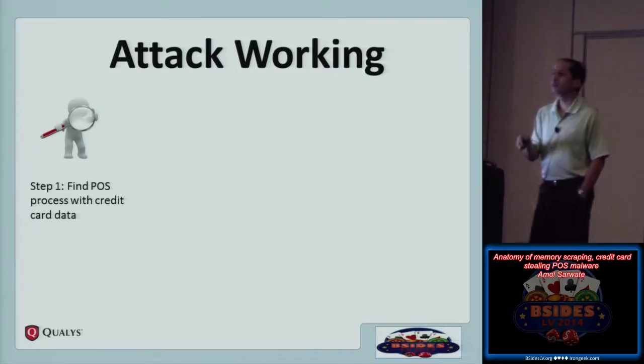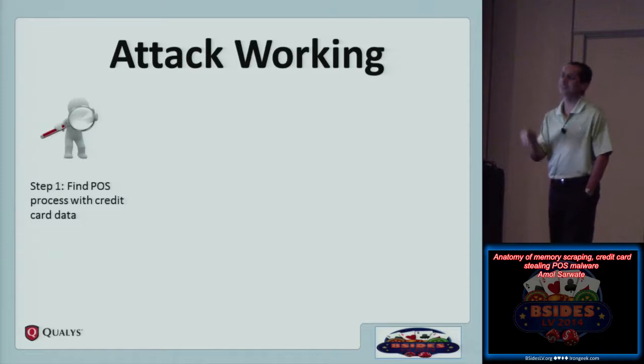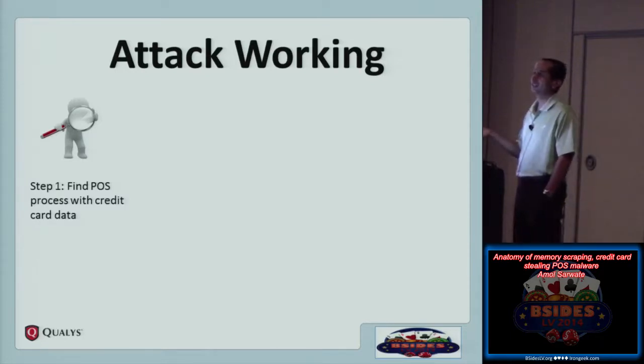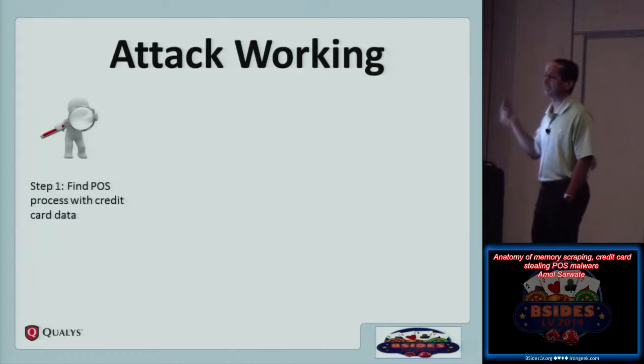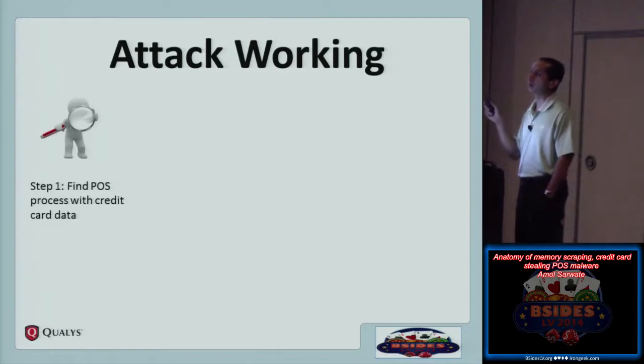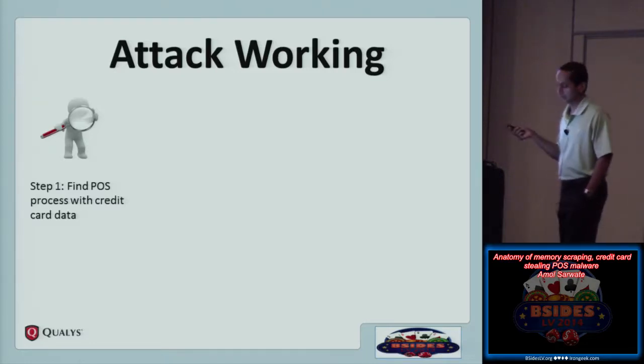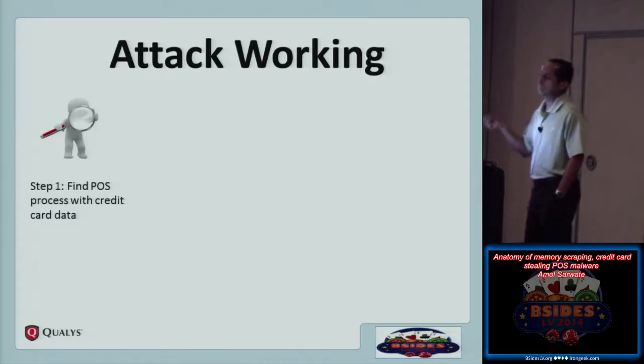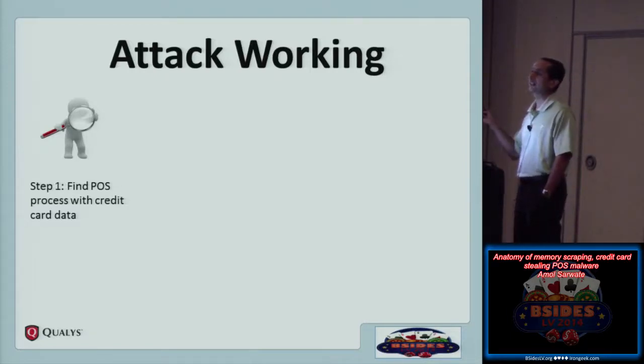If you have a 64-bit OS and a 64-bit process, then I think the process can allocate terabytes of memory. So it's very effective if, instead of just blindly scraping the entire memory for credit card numbers, the malware fine-tunes, and that's what most malware does. They target the top 10, top 15 point of sale software, and they don't scrape the entire RAM. They just look for that process, and that is how they target it.